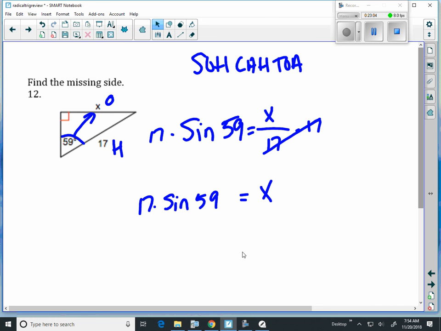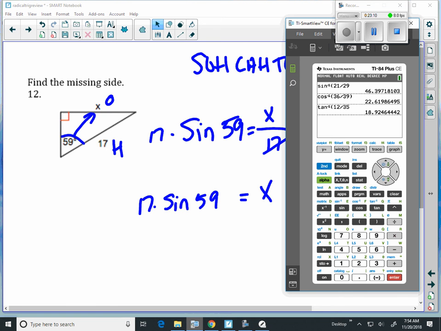Okay, if we put this in our calculator, it's going to tell us that side measure. So I'm going to pull up my calculator, and I'm putting in 17 times the sine of 59. It's giving me 14.57. That is the side measure.